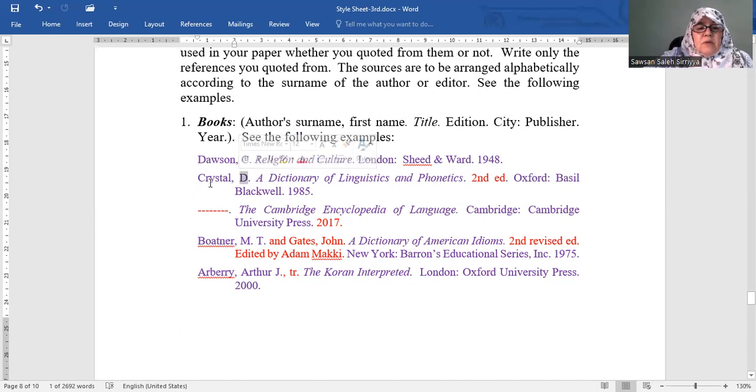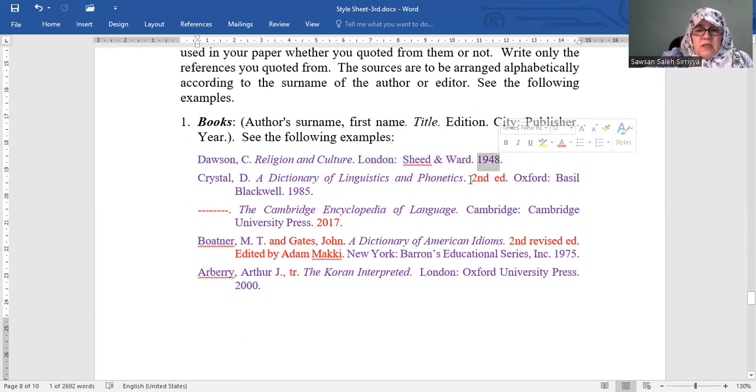Like here, for example, Crystal is David Crystal. So I say Crystal, comma, and then D. Dawson C. Religion and Culture, this is the title of the book. This is the city, and because it's the first edition, there is no need for edition. Then this is the publisher, and this is the year.